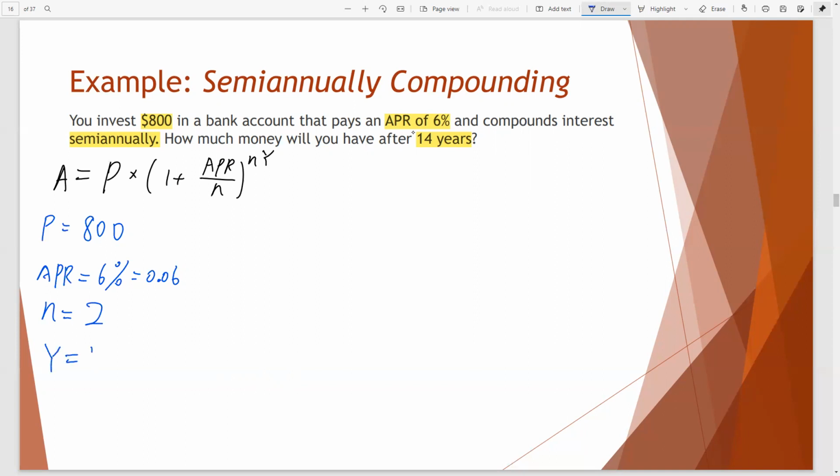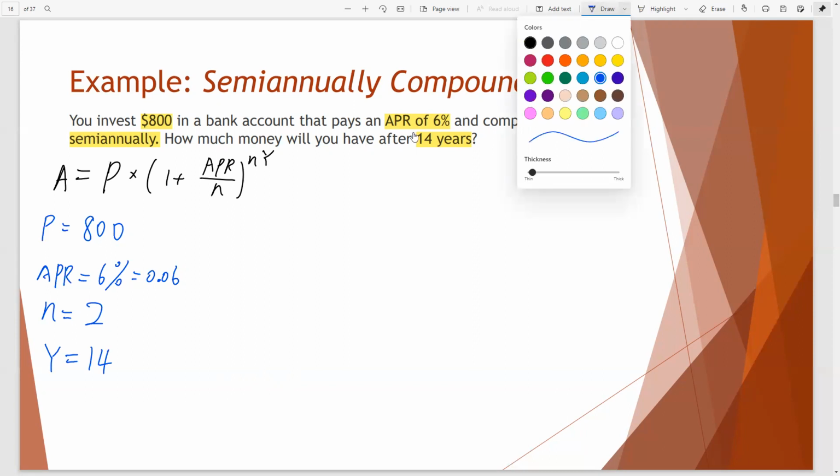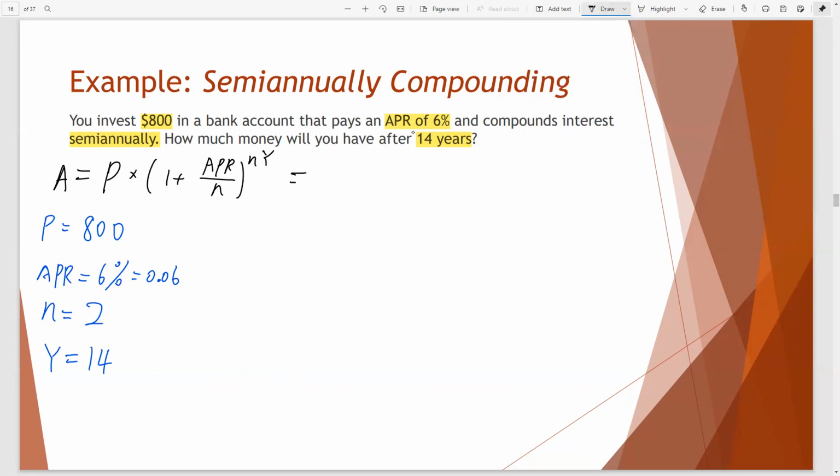And after 14 years, how much do you get? So principal 800 multiplied by 1 plus 0.06 over 2 raised to the power twice a year times 14 years.